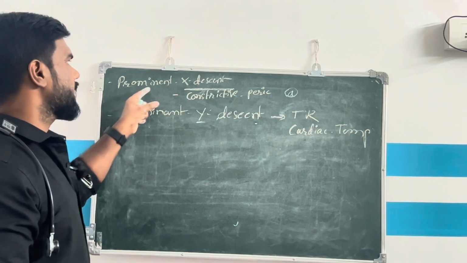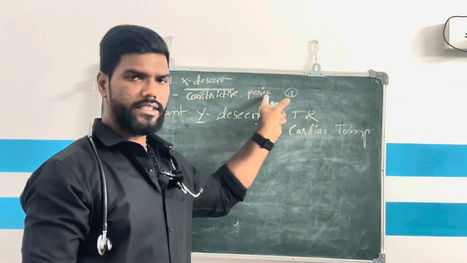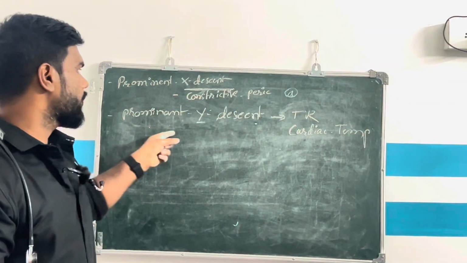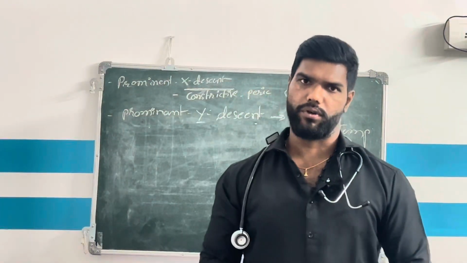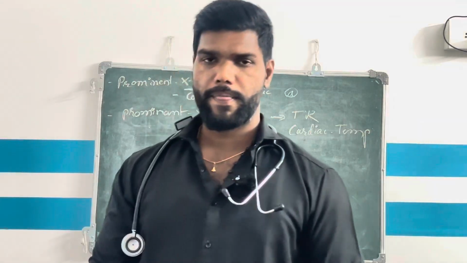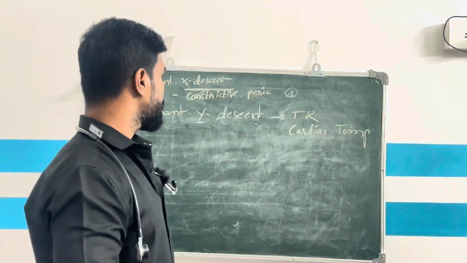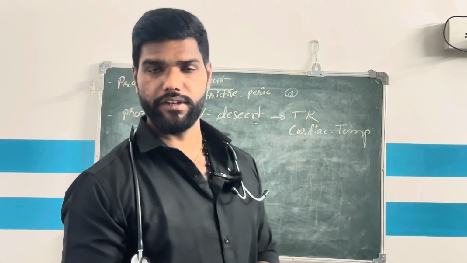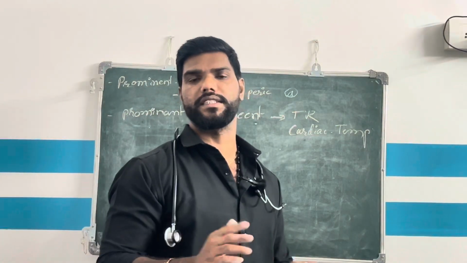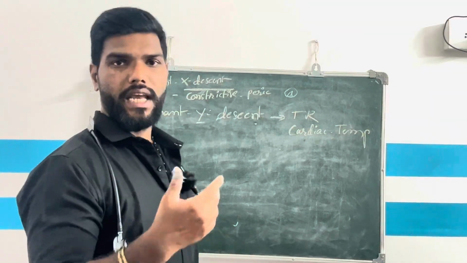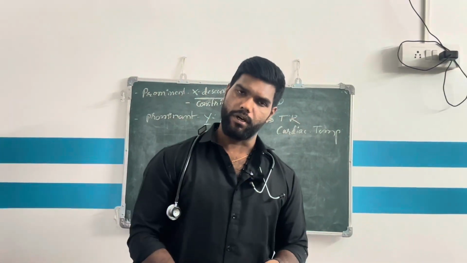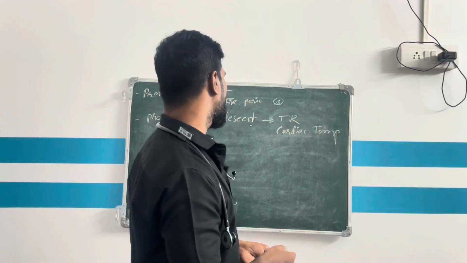Right? The prominent X descent is present in constrictive pericarditis, and the prominent Y descent is present in tricuspid regurgitation and cardiac tamponade. So this is about the jugular venous pressure: how the waves are produced, which wave indicates which phase of the cardiac cycle, in which conditions the A wave is present or absent, and in which diseases cannon A waves and large A waves are present.